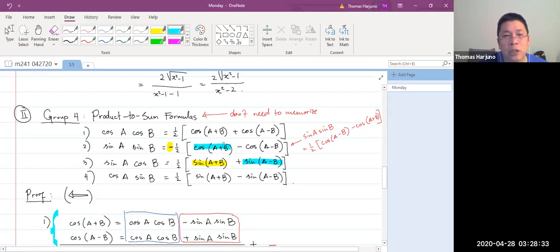I mean, cosine sum minus cosine difference, when they reverse it, they get rid of the negative sign. But I prefer the pattern that I have here. The reason is I maintain A plus B in the first term and A minus B in the second term. You see what I mean?